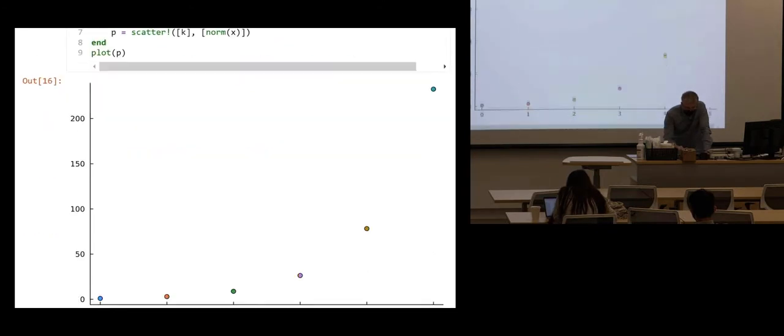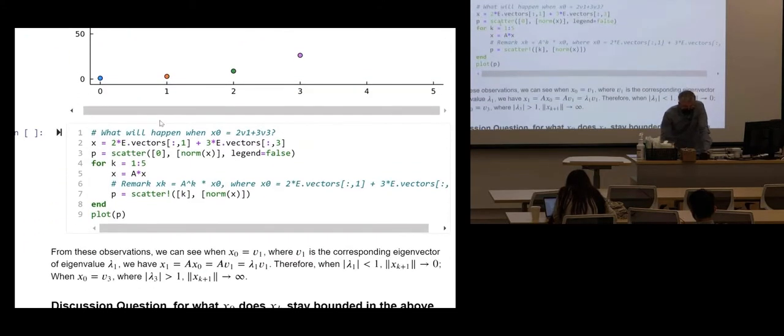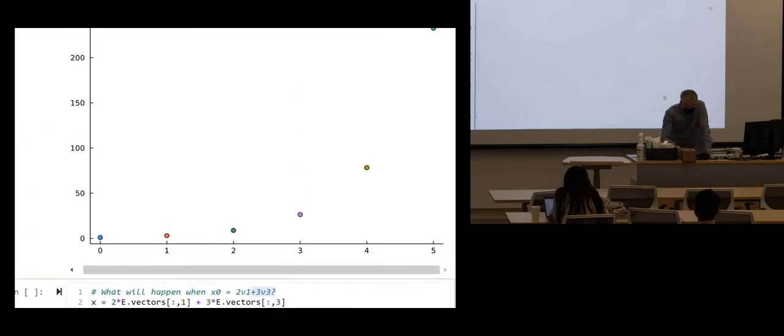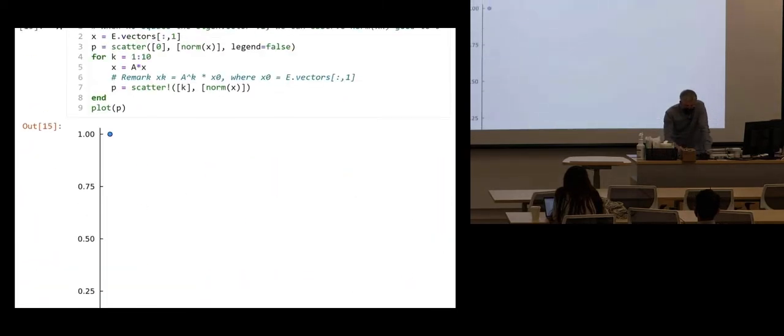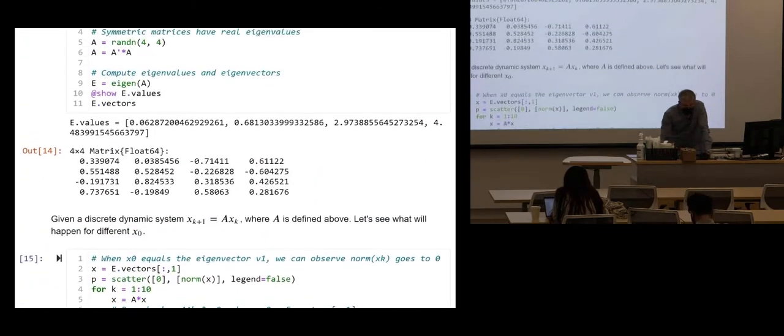Okay, so we did that one. So here's my question. What will happen when the initial condition is 2 times the first eigenvector plus 3 times the third eigenvector? I'm going to iterate, okay? To answer it, we don't care what the vectors are.